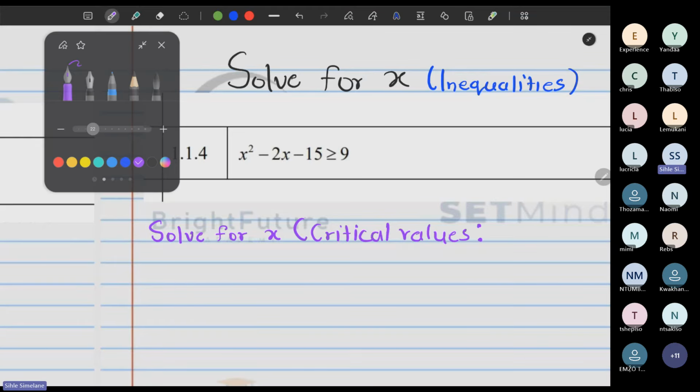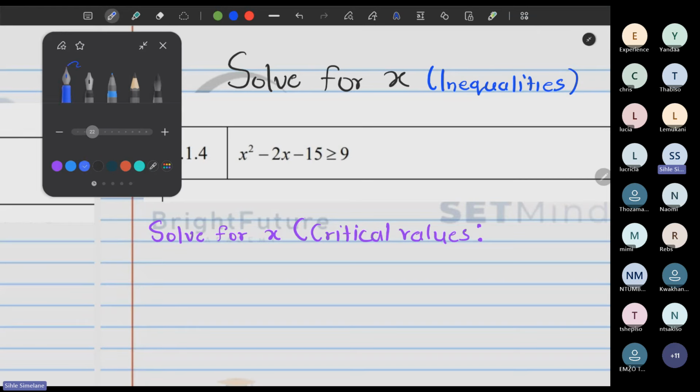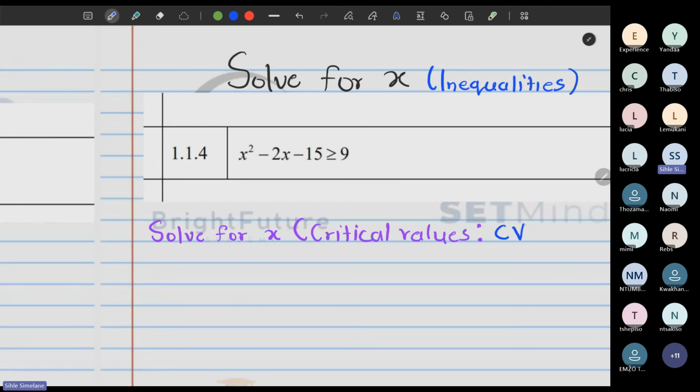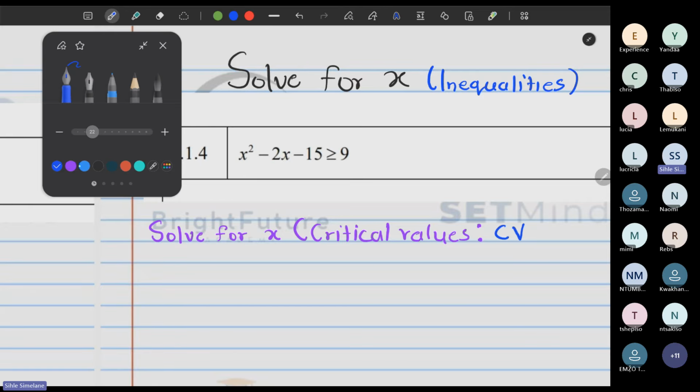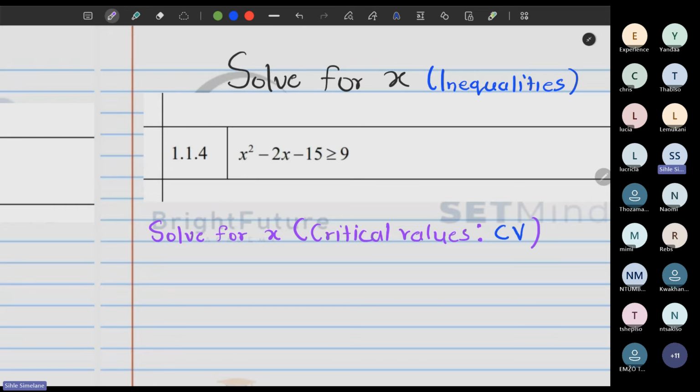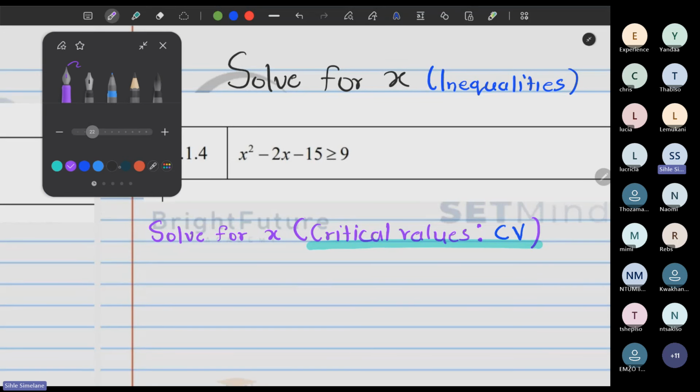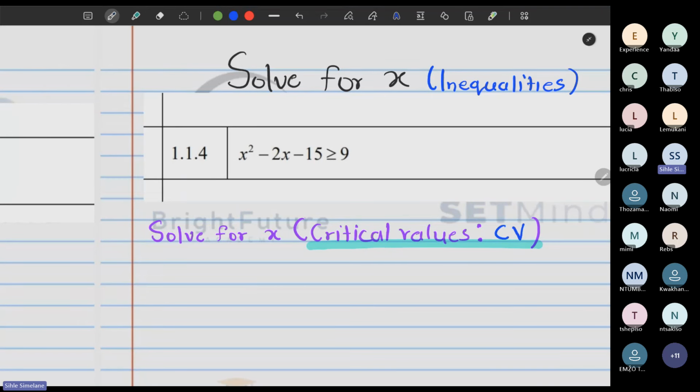You'll see your teacher writing CV. So whenever your teacher writes CV when they are doing inequalities, all they mean is critical values. So we are going to solve for x, but we always need to write at the top that these are critical values. It is very important. Then when we have written that, we can treat it as if we are solving for x. But that is not the entire story. We'll come back and see how we deal with that.